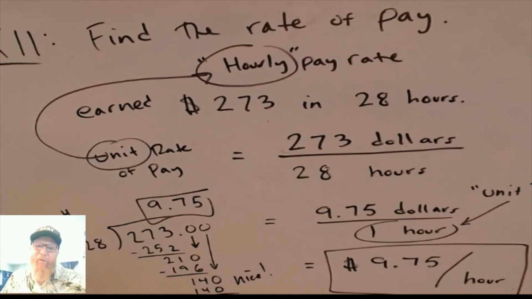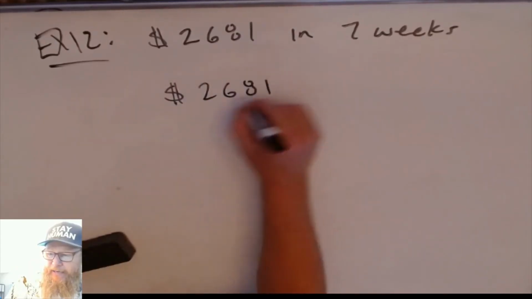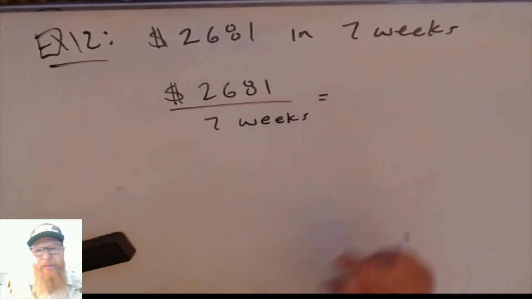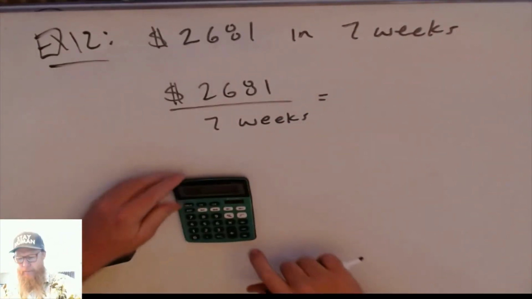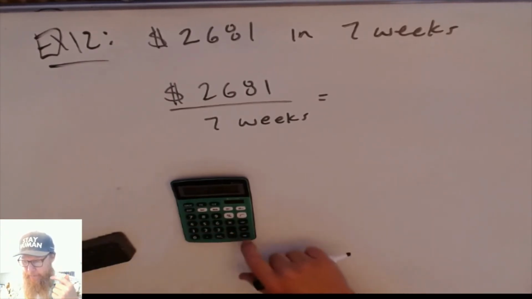So I'll give a few more examples. I'm not going to do every possible time interval. But probably the most common one is hourly. So you got $2681 for 7 weeks. 2681 divided by 7.